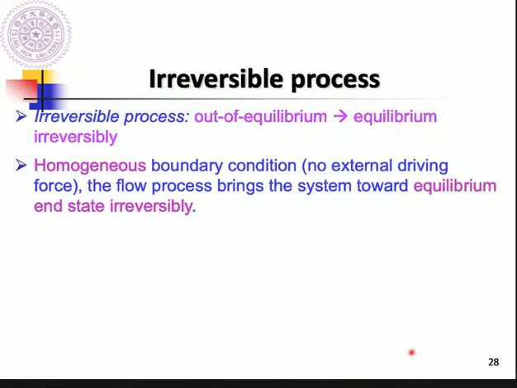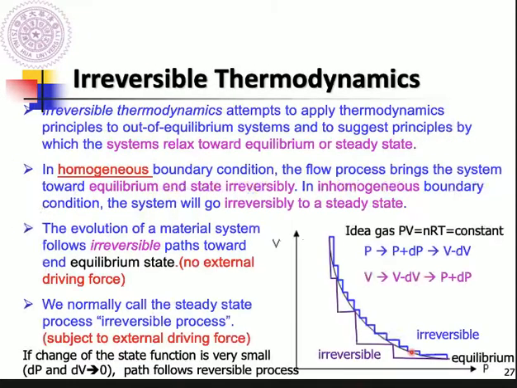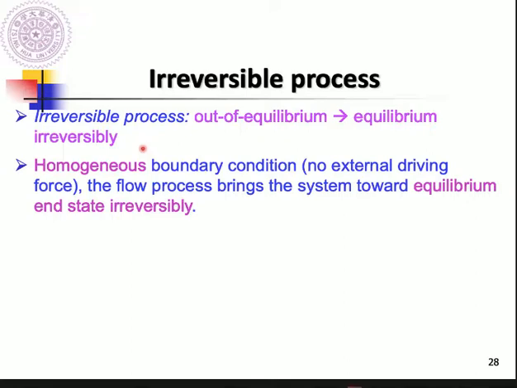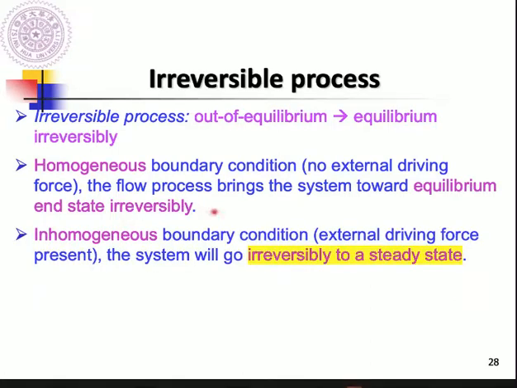Okay. So I will give you a short summary for irreversible process. Irreversible process always happens from where? From out of equilibrium condition toward equilibrium condition, irreversibly. Homogeneous boundary condition means there's no external driving force, and it will lead your system toward equilibrium conditions irreversibly, because the system cannot move back, so we call it irreversible.